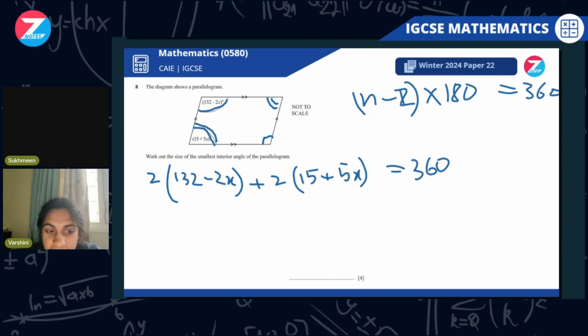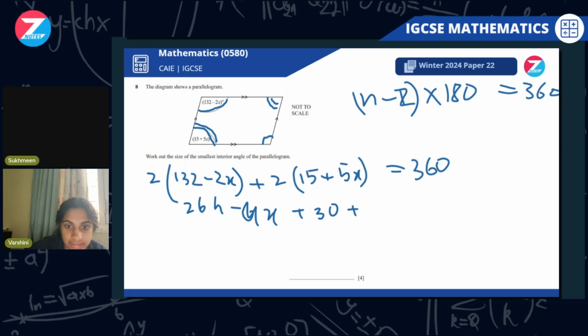So first we just need to find x. You can expand these if you want. 2 into 132 gives 264 minus 4x plus 30 plus 10x equals 360.